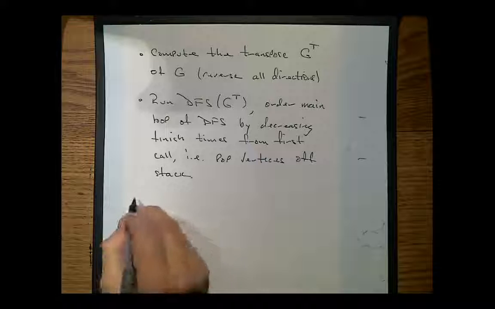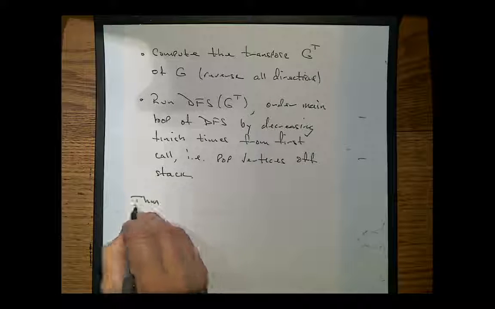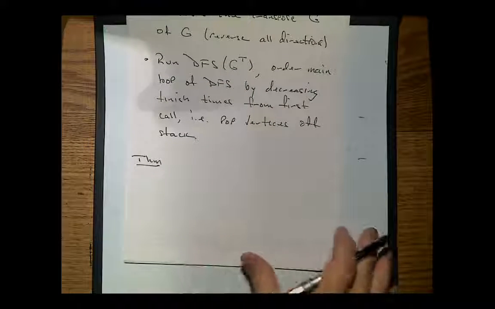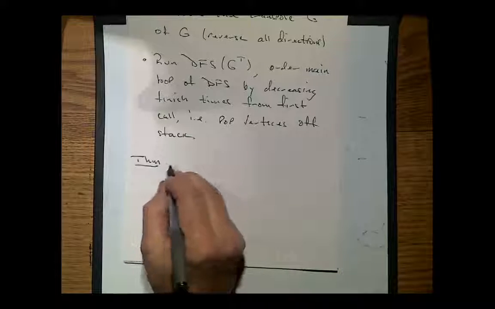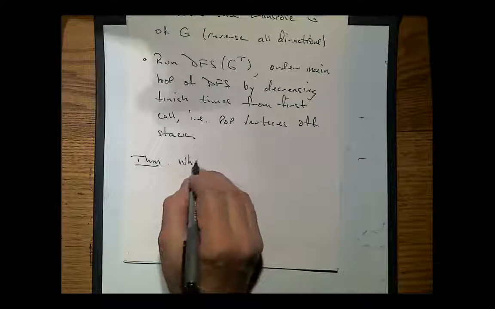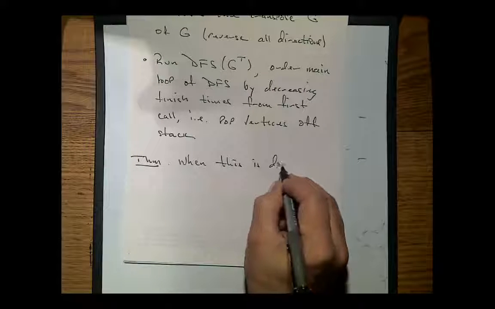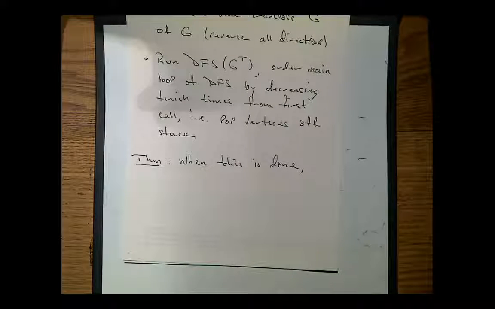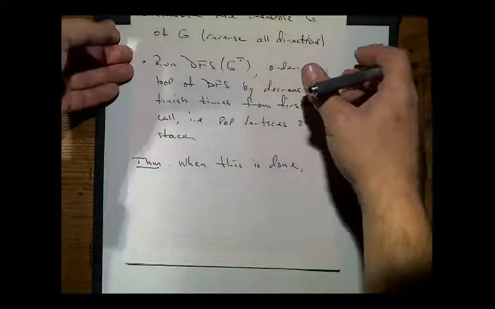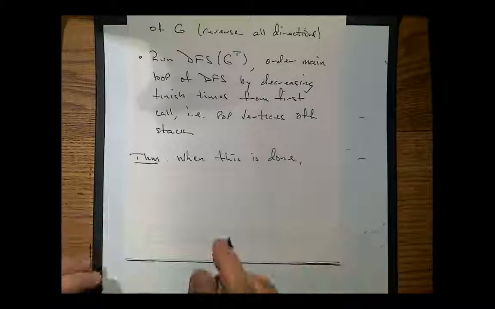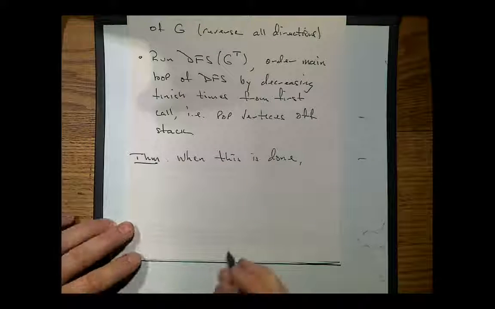Now, do that. Here's a theorem, stated and proved in the book. I won't prove it. We're just going to do it. When this is done, the strongly connected components of G are the vertices in each of the trees of the DFS forest obtained from the second call.